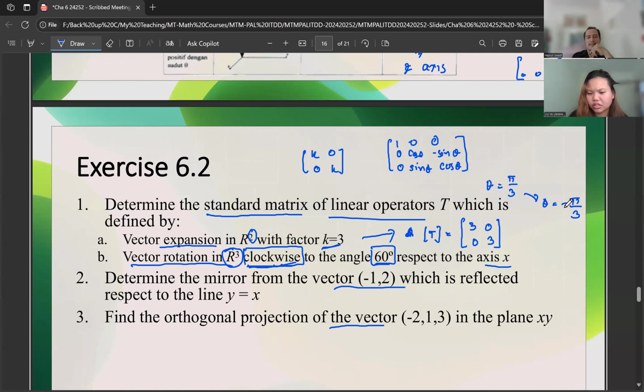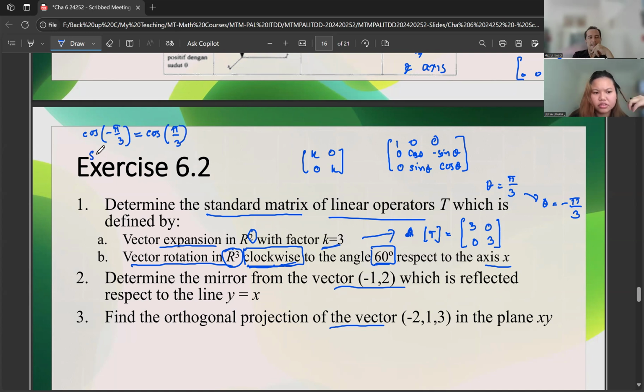And replace theta in this matrix. What is the value of cosine theta? Cos minus pi over 3 will be the same as cos of positive pi over 3.